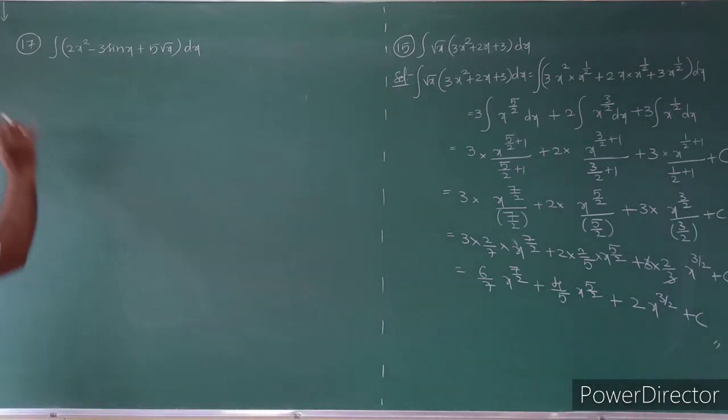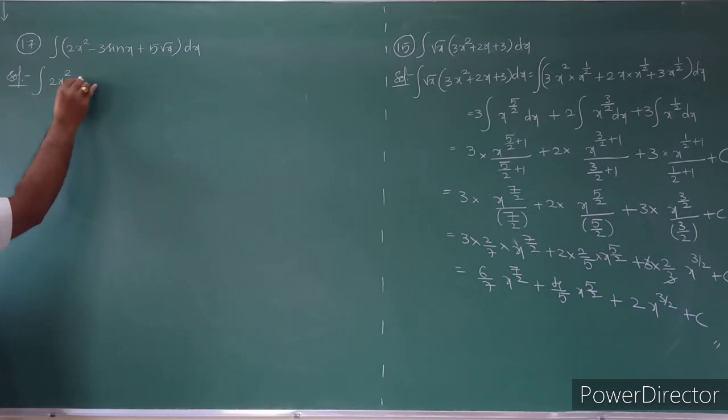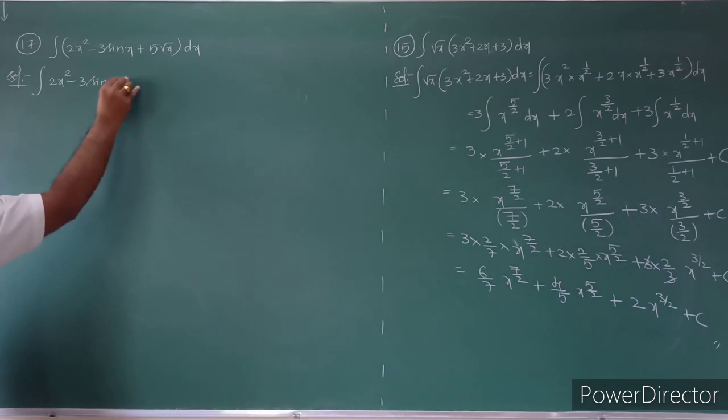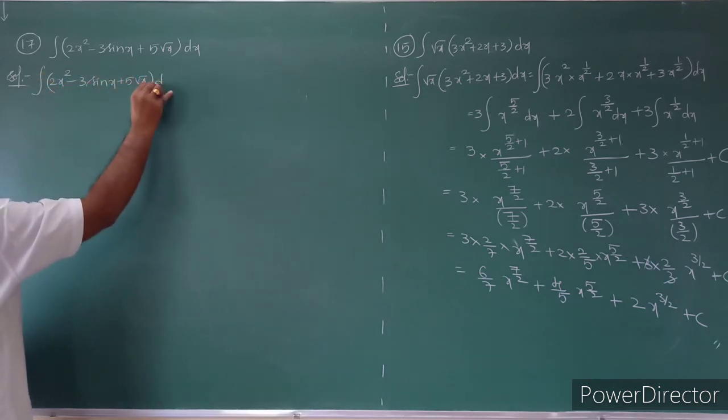See the solution. Integral of 2x square minus 3 sin x plus 5 into root x into dx.